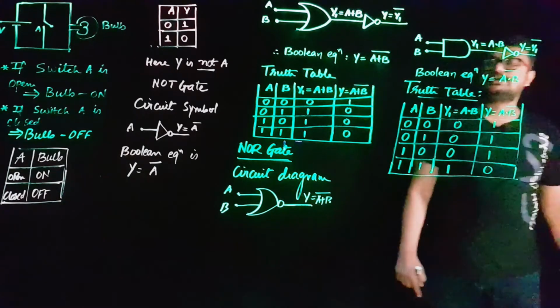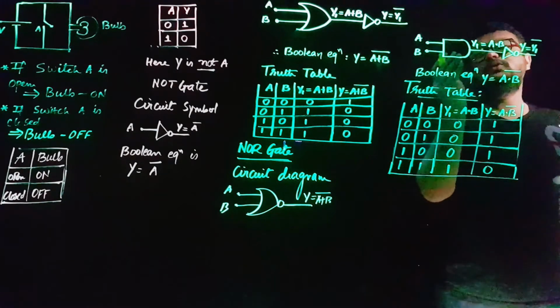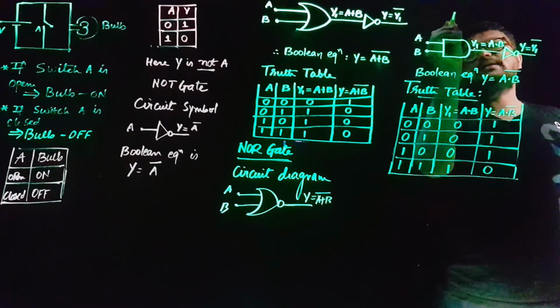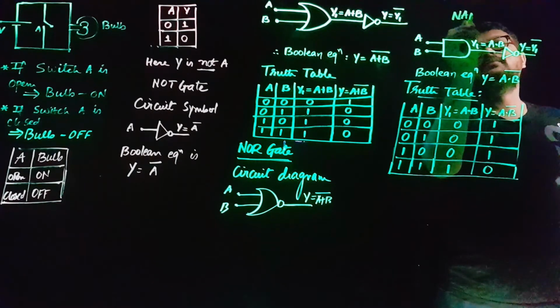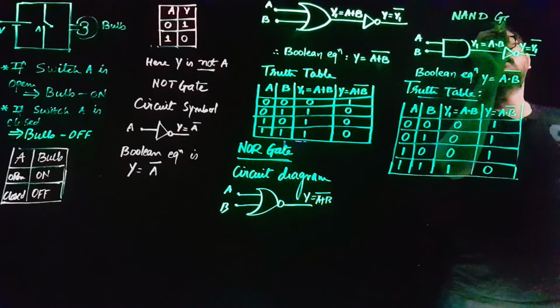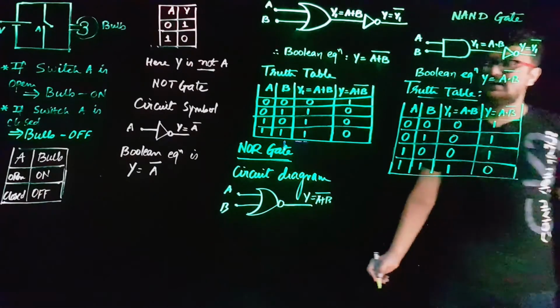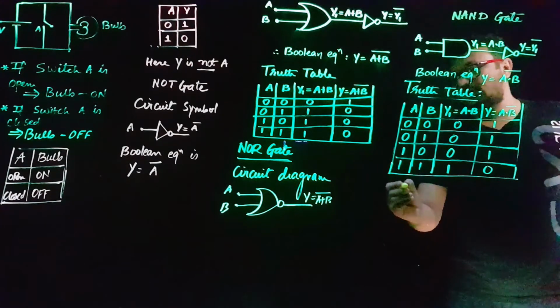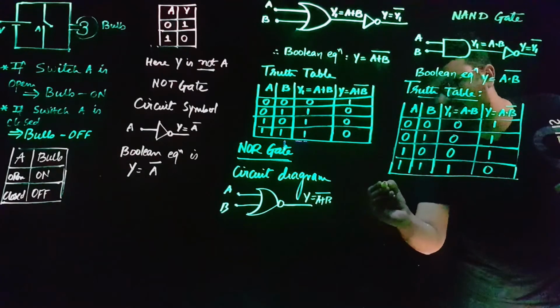Right. So this gate was given the name NOT plus AND, which is NAND gate. This is NAND gate, and of course the circuit symbol will be similar to the AND gate only.